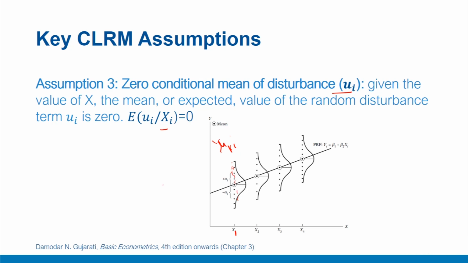If we take the mean of these mu i's, since it is for only x1, then the expected value of mu i given x1 equals 0. Similarly, for x2, all the mu i's will be 0. So the conditional mean of all these error terms for given x i should be equal to 0.